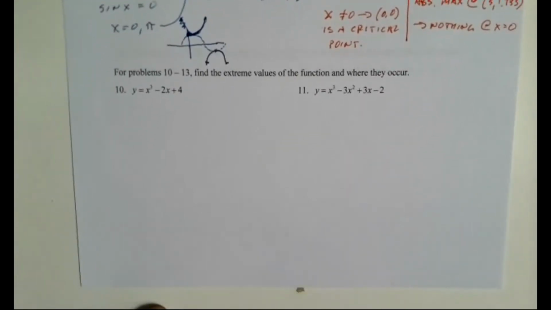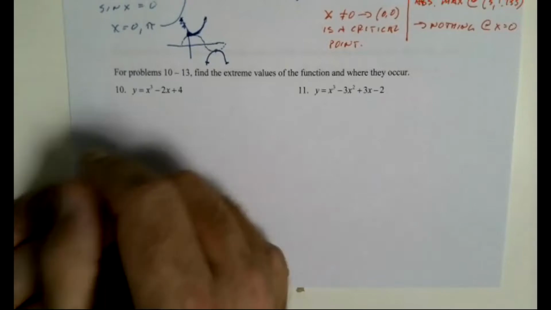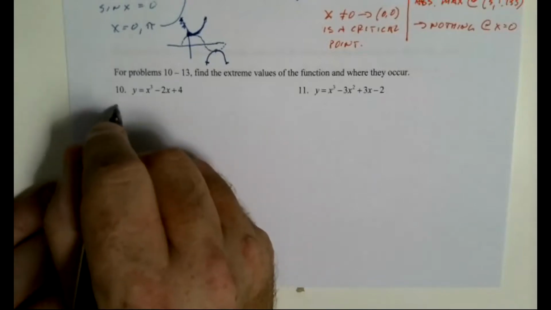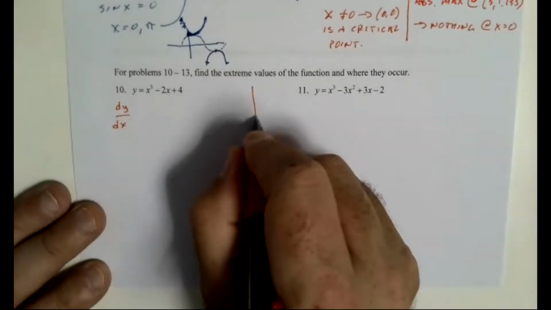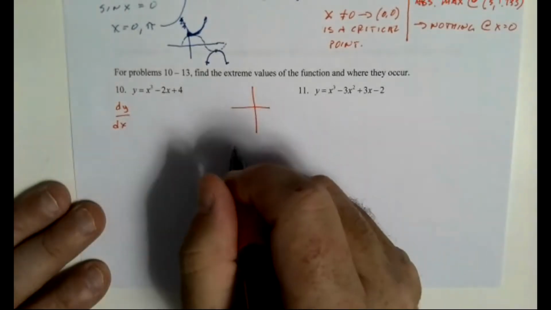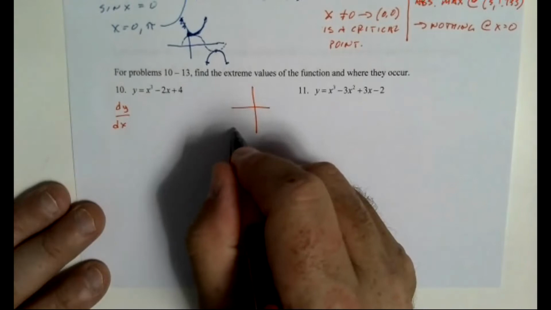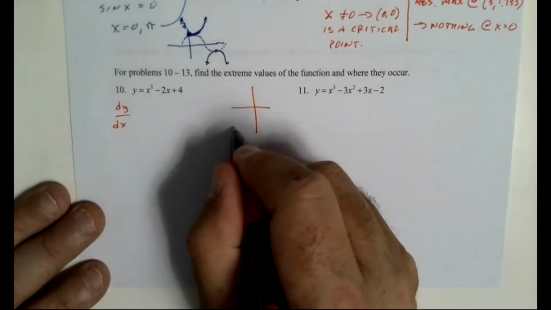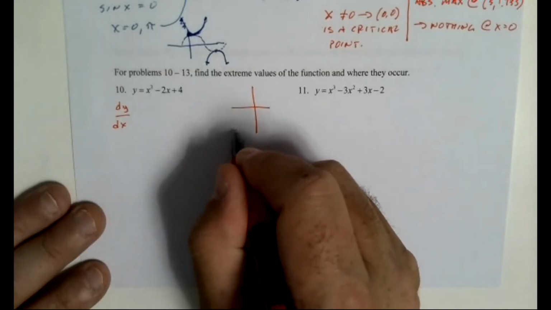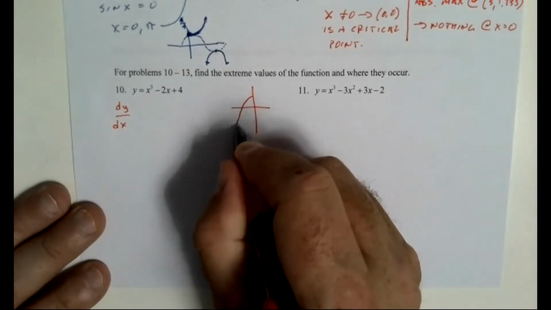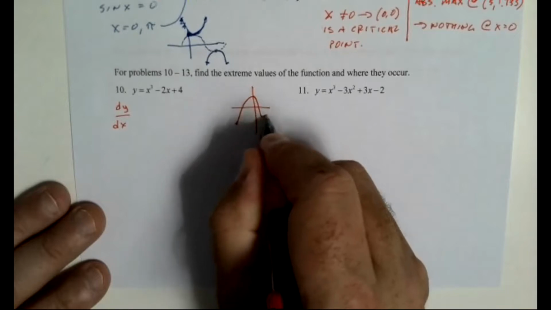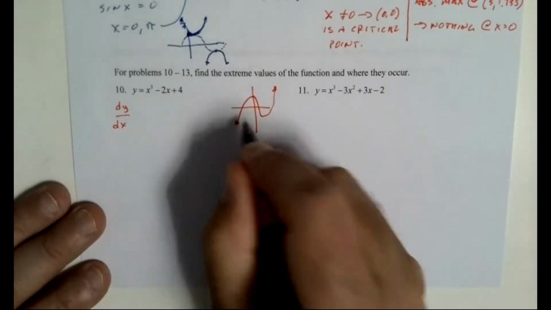Find the extreme values of the function and where they occur. So we can finally do a little bit of real calculus here. So we take the derivative, dy dx, and even though I shouldn't, I am going to graph a little bit. Looks something like that.